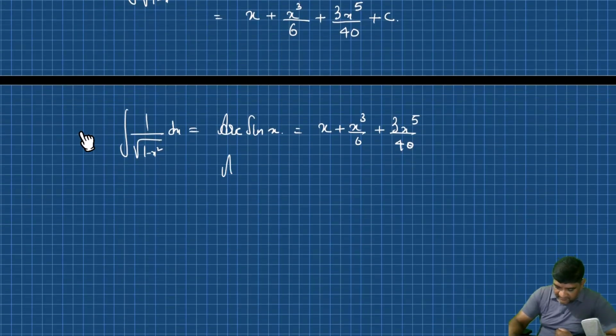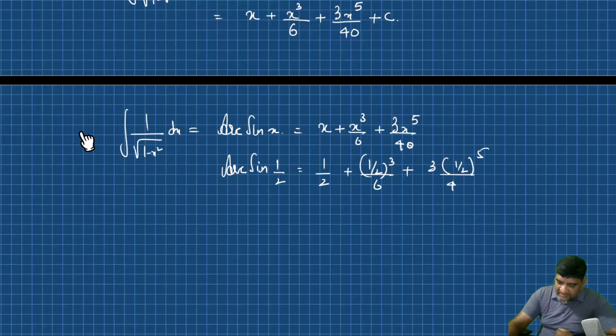So when I substitute a half, I will have arcsine of half is going to be equal to 1 over 2 plus 1 over 2 cubed by 6 plus 3 into 1 over 2 to the power of 5 divided by 40, which is 1 over 2 plus this is going to be 1 over 8, 8 6s are 48, plus this is 3, 1 over 2 to the power of 5 is going to be 32 into 40.